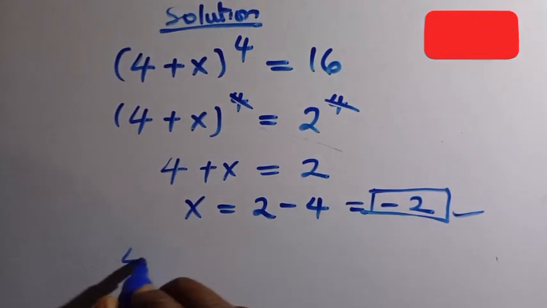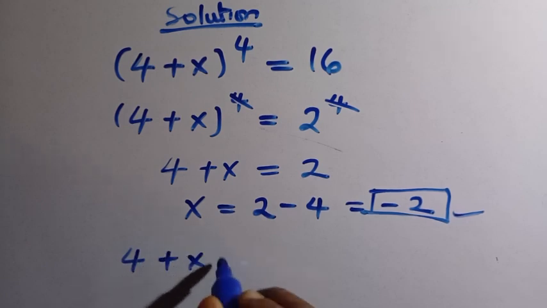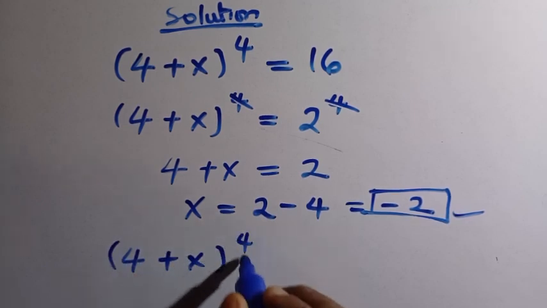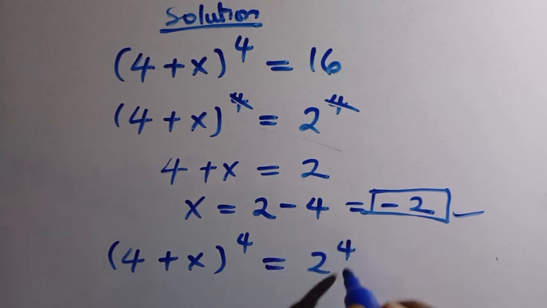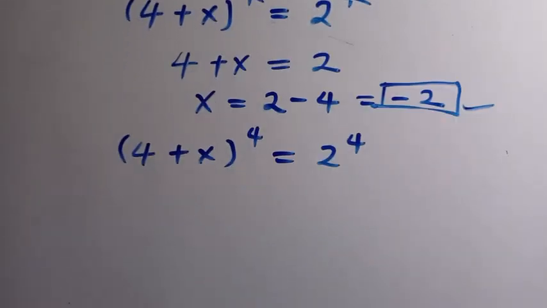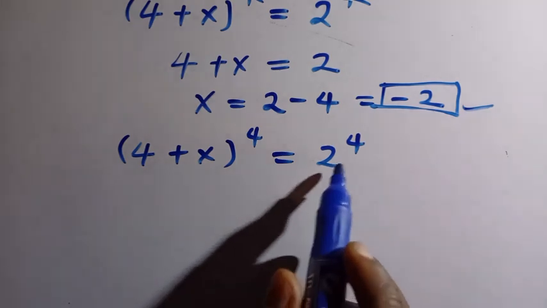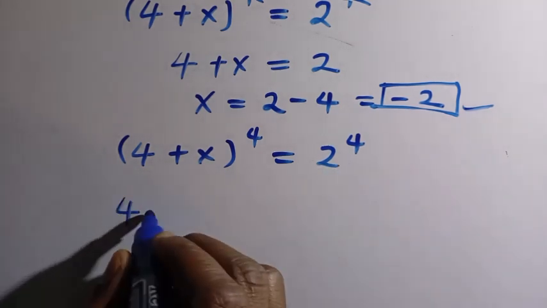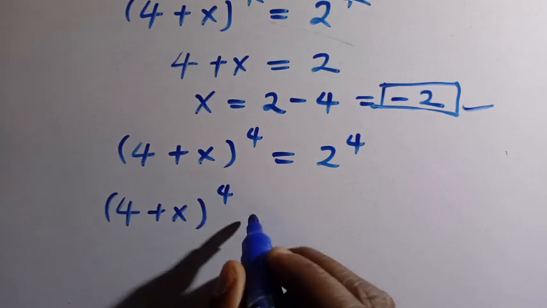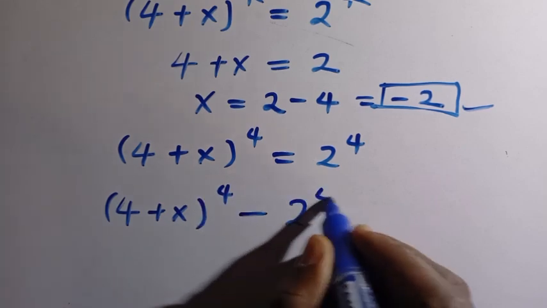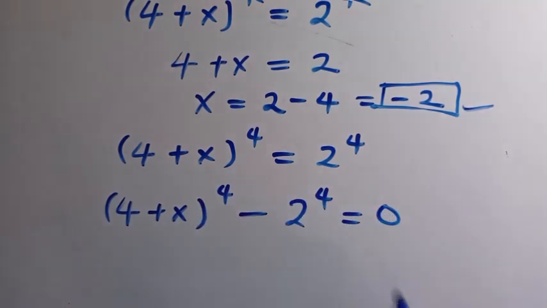From here we have (4 + x) raised to the power of 4 equals 2 raised to the power of 4. And by this, let's take this one here. We have (4 + x)^4 - 2^4 = 0.